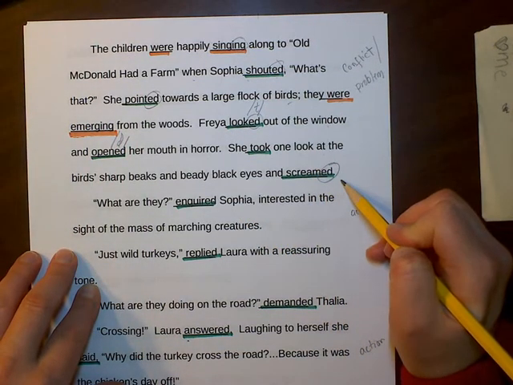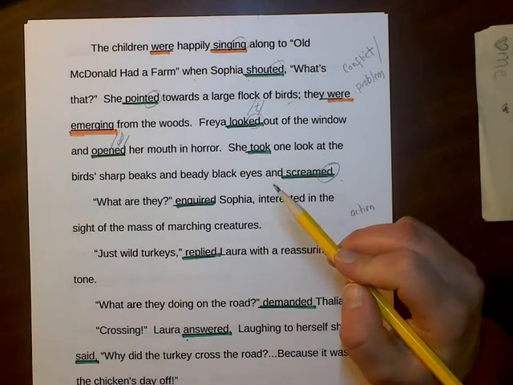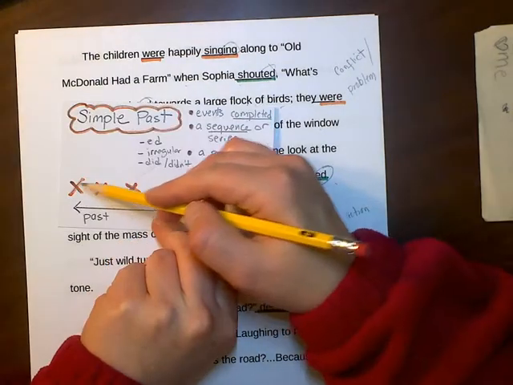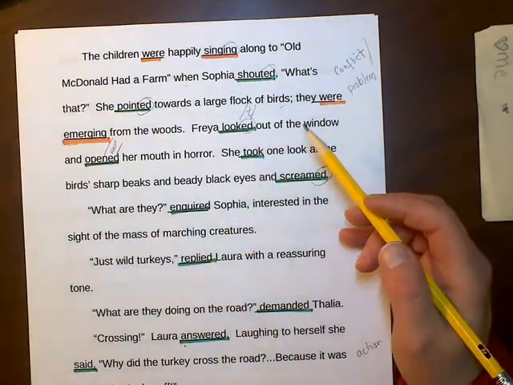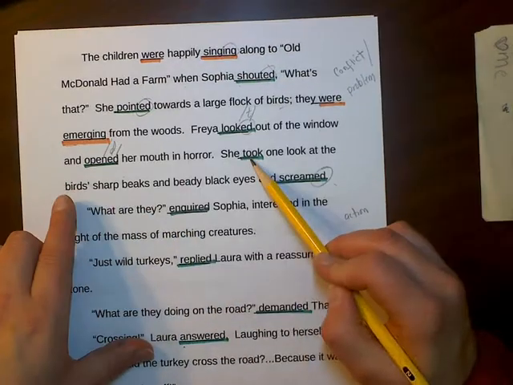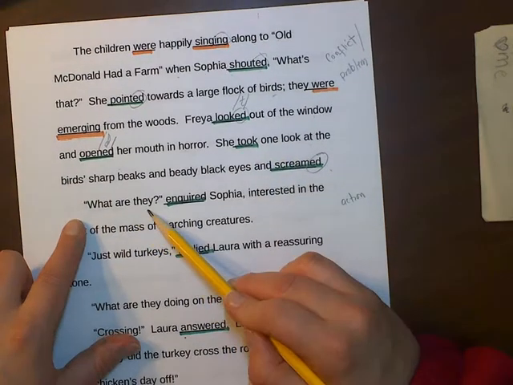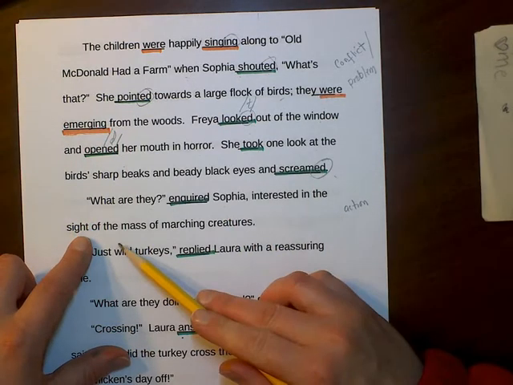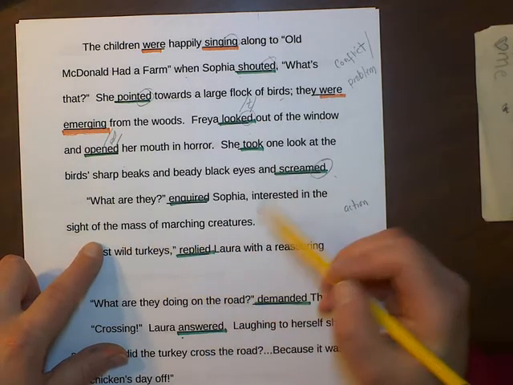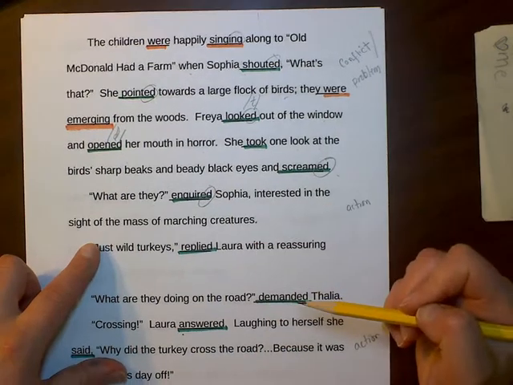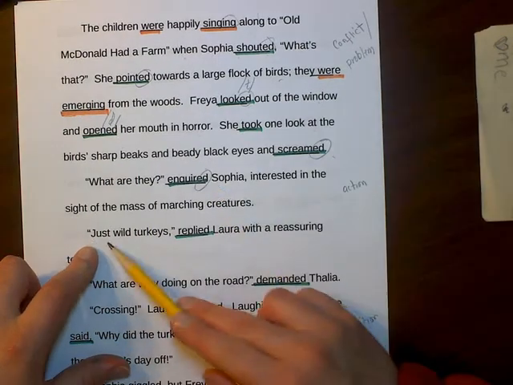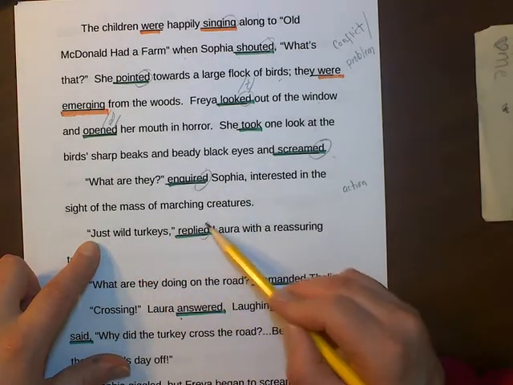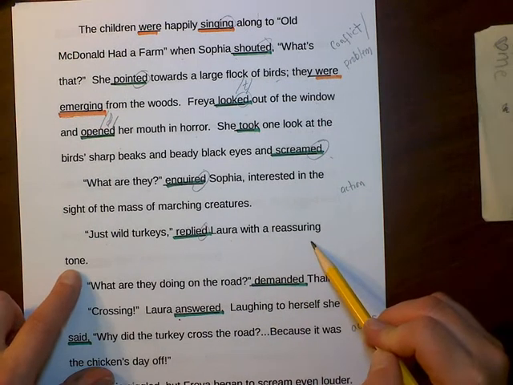Okay, so these are events that happen one after the other after the other. She looked, she opened, she took, she screamed. What are they? Inquired Sophia, interested in the sight of the mass marching creatures. Again, -ed, simple past. Just wild turkeys, replied Laura with a reassuring tone.